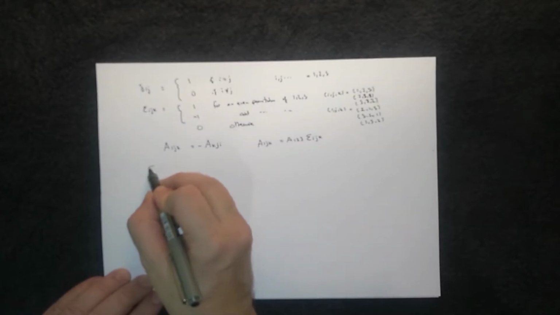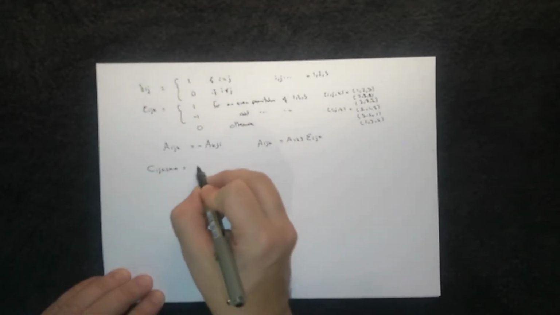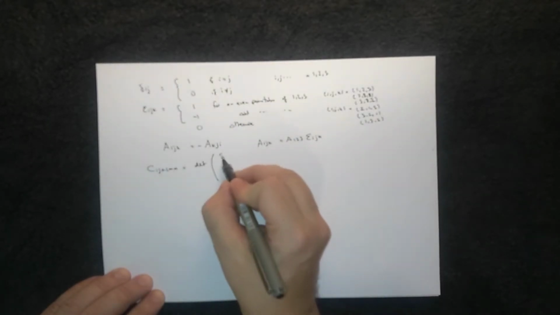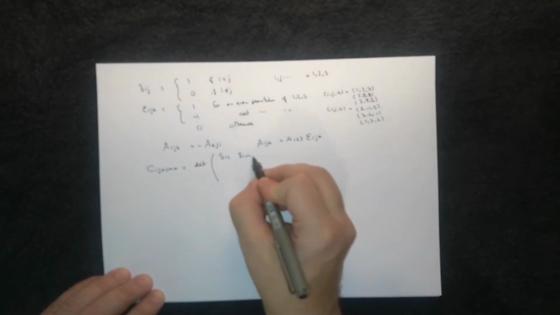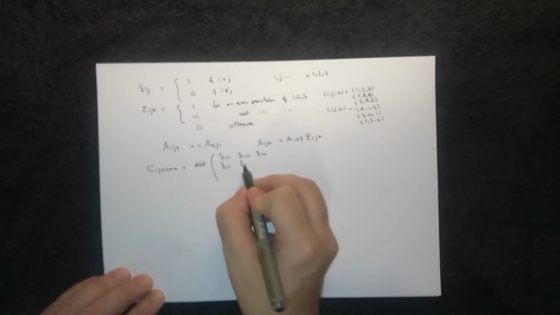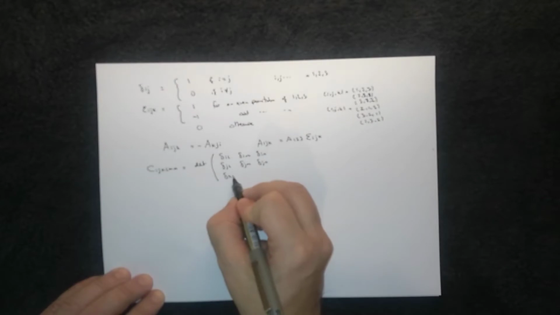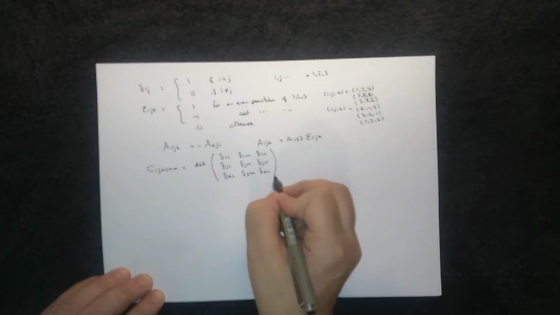Let's consider C_ijklmn as the determinant of delta il, delta im, delta in, delta jl, delta jm, delta jn, delta kl, delta km, delta kn.